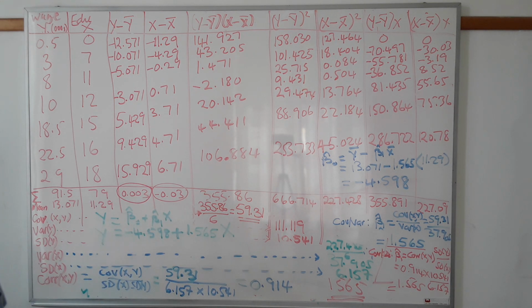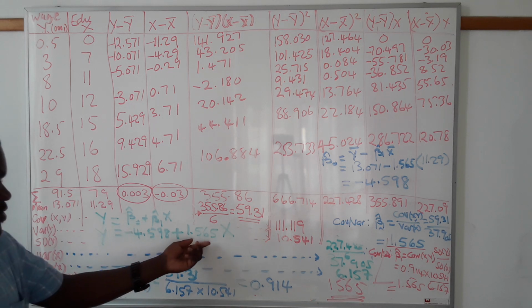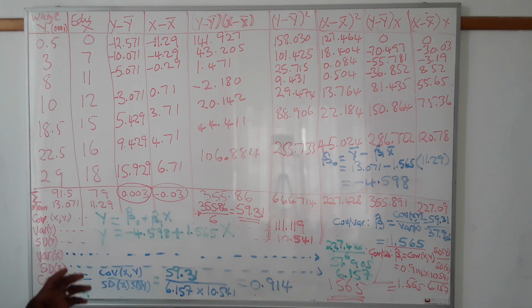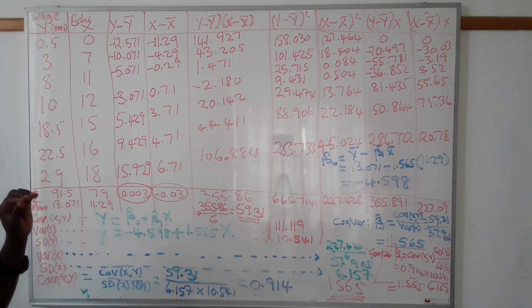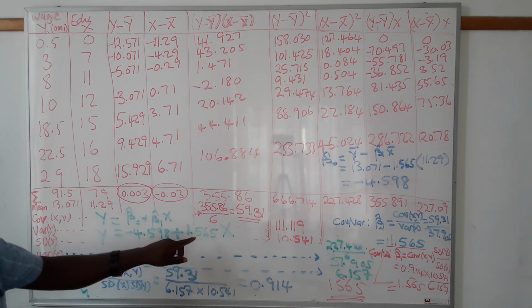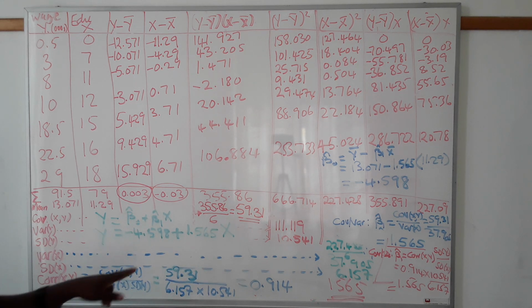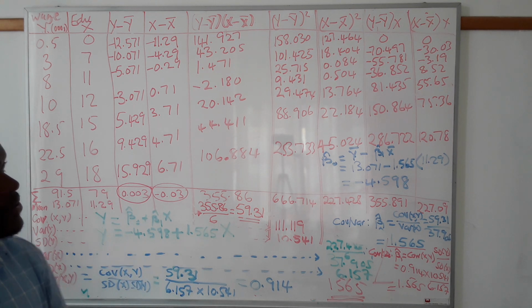In another video, we shall look at how to interpret this number, but for now, I wanted to illustrate how you calculate these two numbers. Once you have these two numbers, you have successfully fitted the OLS regression line. I hope you find this useful.